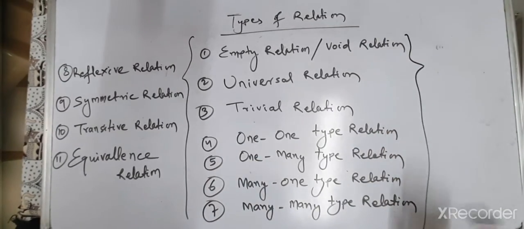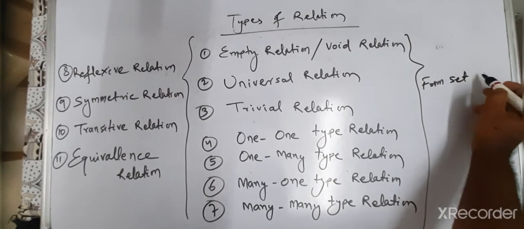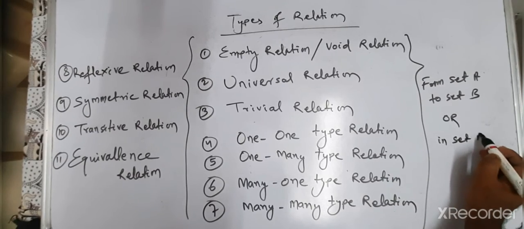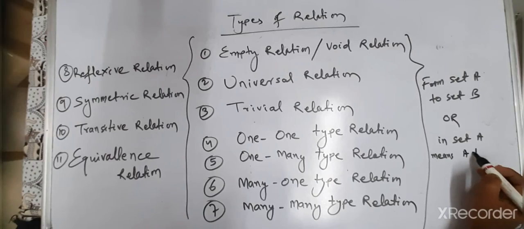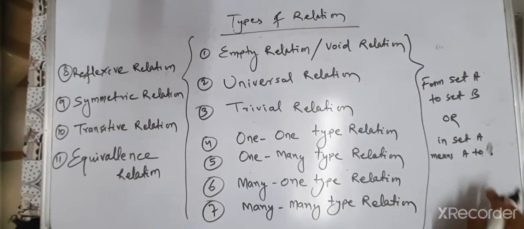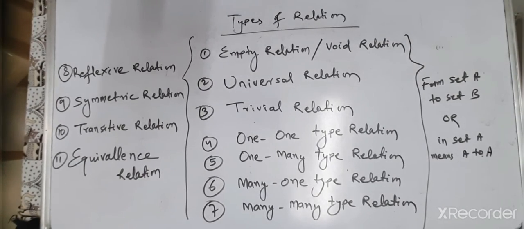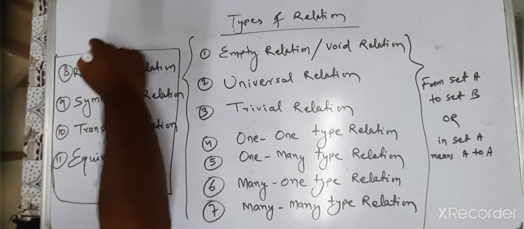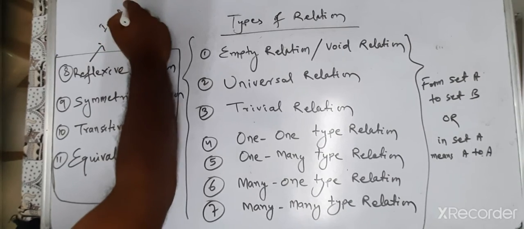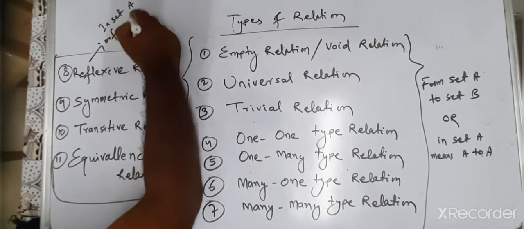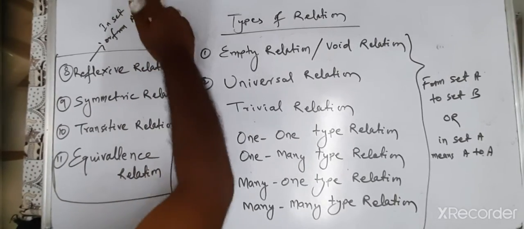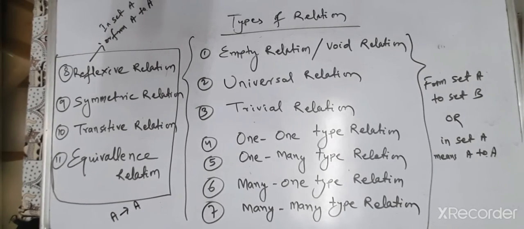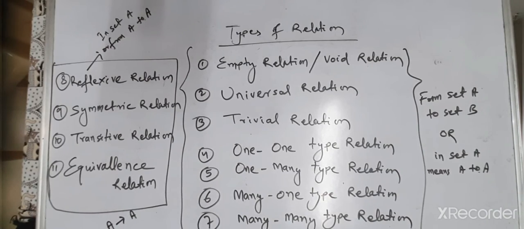These seven relations are from set A to set B, or in set A, which means A to A. But these four relations are only in the case of a set A, that is, from A to A. There is no other type of relation.